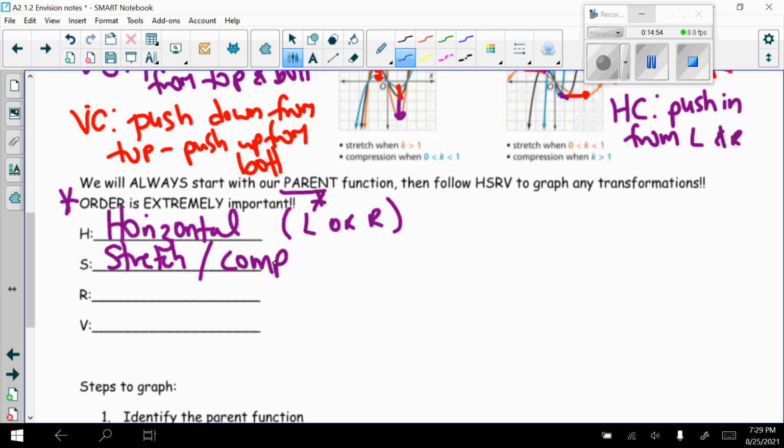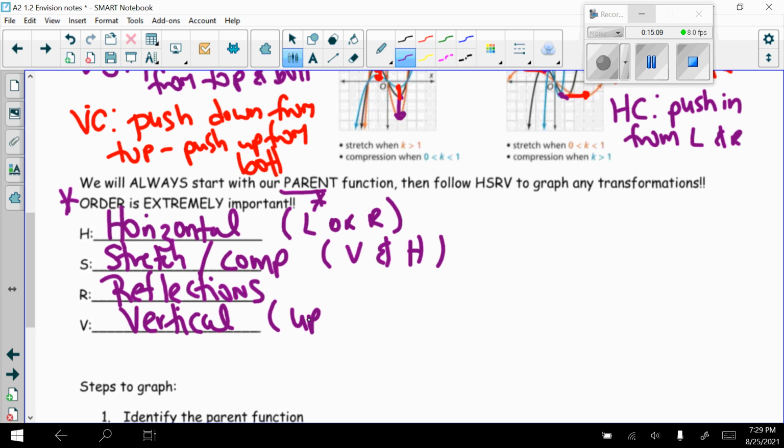These are both vertical and horizontal. The R stands for any reflections. And the V stands for any vertical shifts, which means up or down. And so that's the order that we would graph them in. We do horizontal left to right first, stretching or compressing, reflecting, and then shifting up or down.